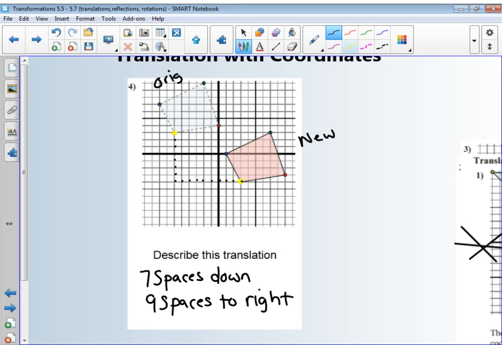You can't just say over when you do your translation, because we have to know, did it go to the left or the right? Did it go up or down? So like I said on the previous one, usually the left and right is stated first. Here I did it the reverse. It doesn't matter. I could have also counted going to the right first and counted it this way, and then counted down 1, 2, 3, 4, 5, 6, 7. So just remember that those are interchangeable.